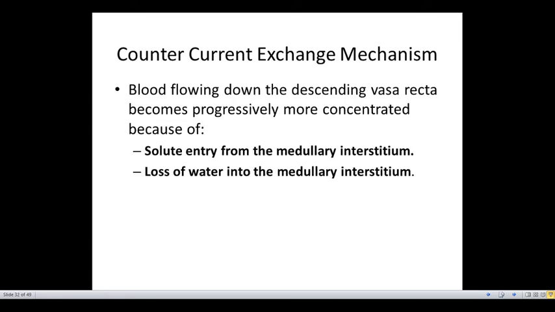Blood flowing down the descending vasa recta becomes progressively more concentrated because of solute entry from the medullary interstitium and loss of water into the medullary interstitium.